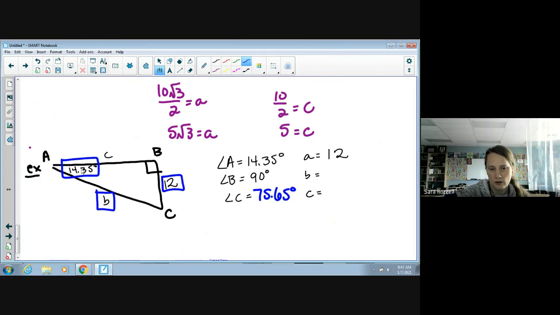So from this angle, I have opposite and I have hypotenuse, which would be which trig ratio? Opposite and hypotenuse, that would be sine. So sine of 14.35 degrees equals 12 over B.